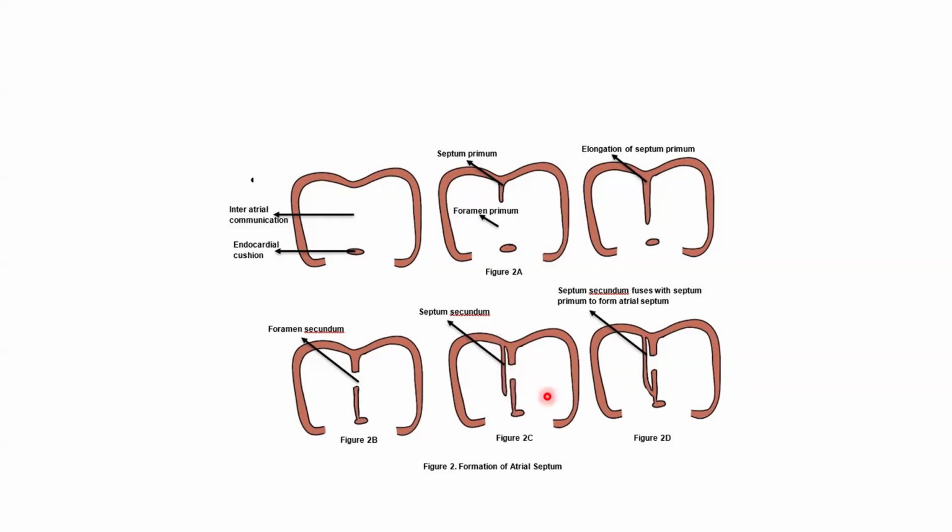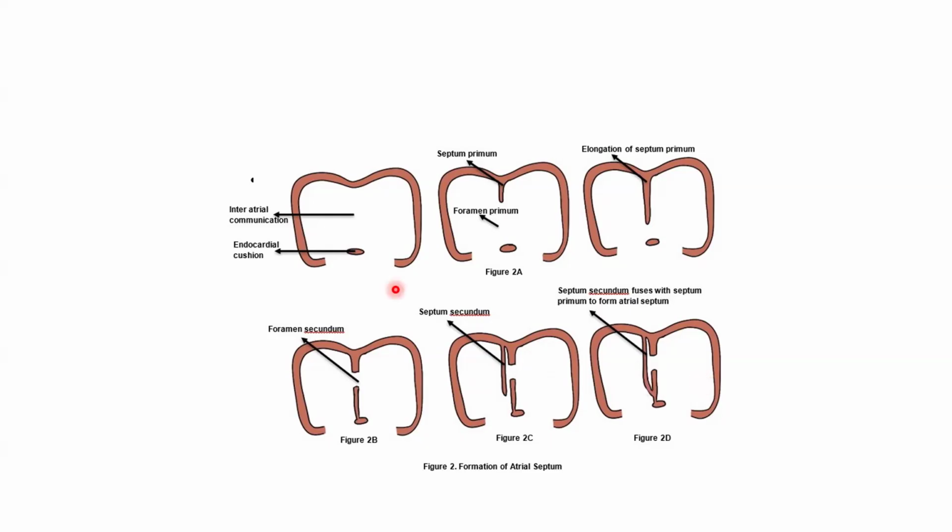So as soon as pressures in the left side increase after the fetus is born, the lower part of this tissue is adherent to the septum secundum to completely septate the atrium into a right and a left atrium, and that is the final destination.